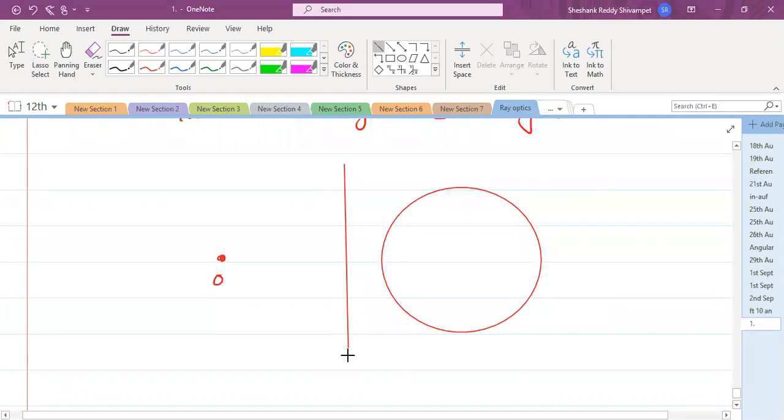O is at the far point, okay? And this line is the concave lens. So if there are rays coming from O, they will also be diverged. Let them be diverged. Now if they are diverged, then what will happen? Their image will be formed somewhere here.